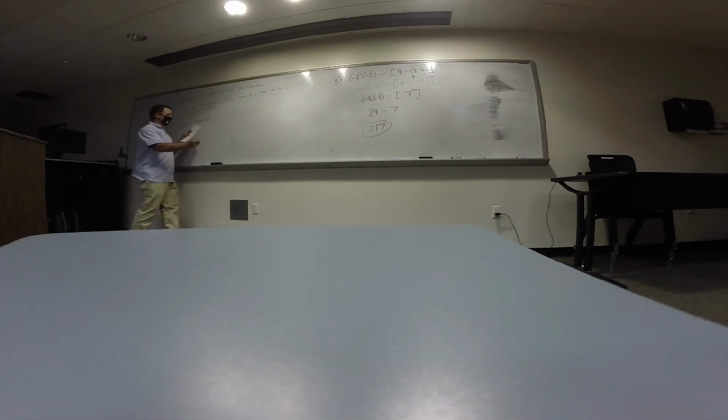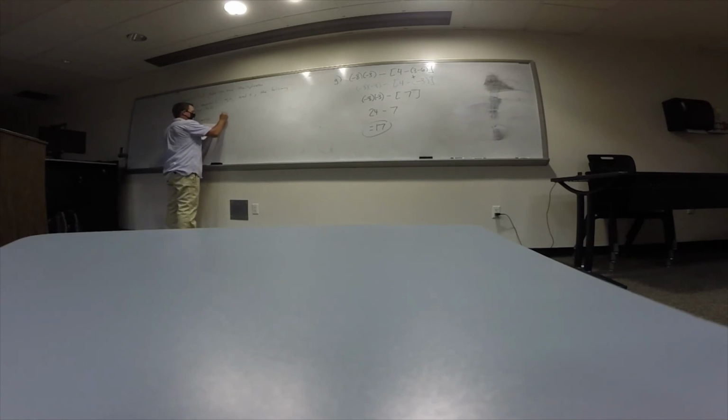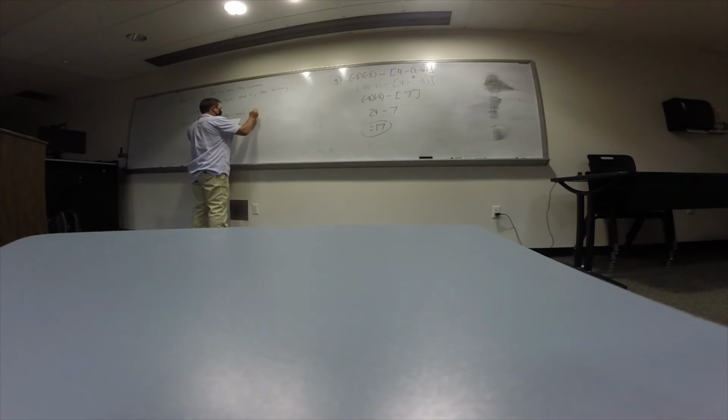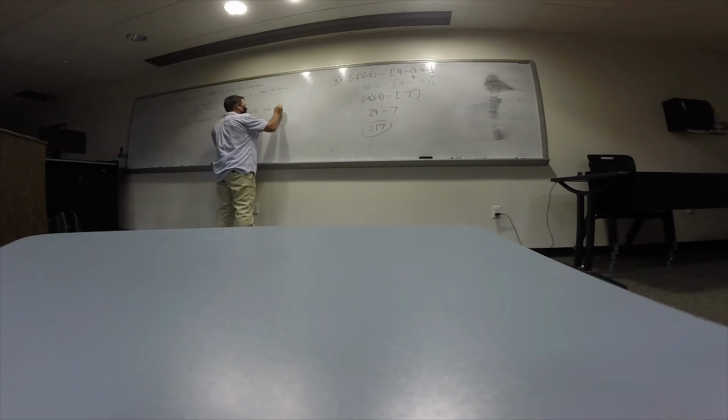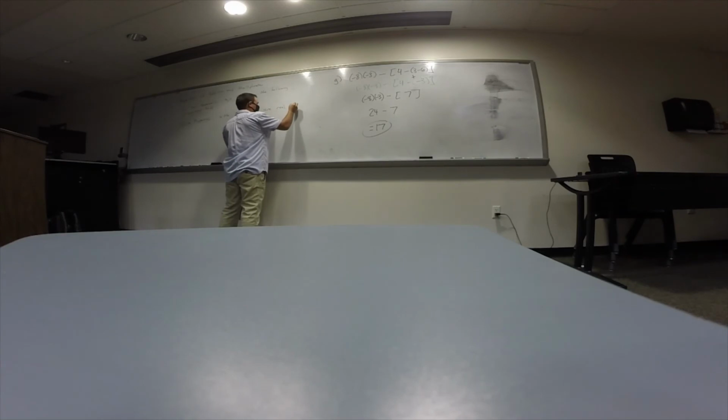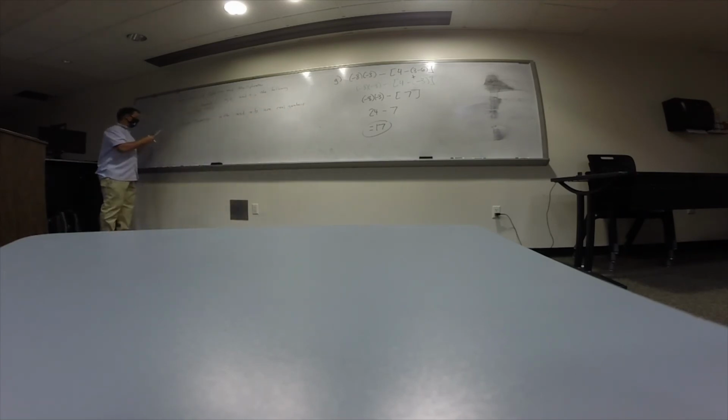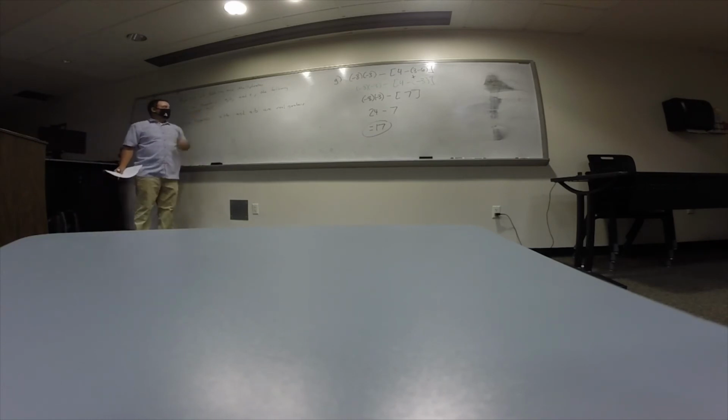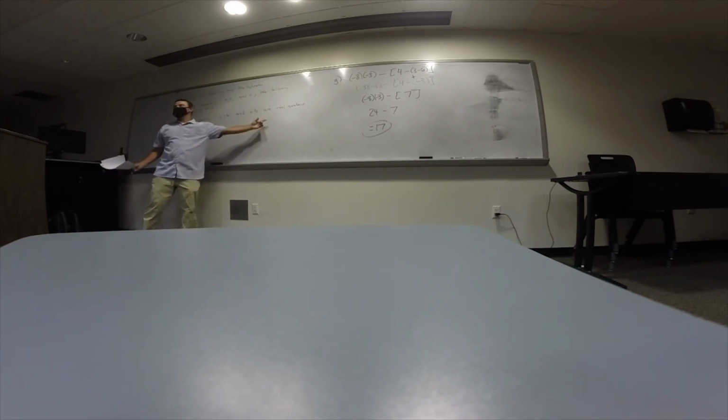Closure properties. A plus B and A times B are real numbers. Essentially what that means is if A and B are real numbers, A plus B is a real number, and A times B is a real number.